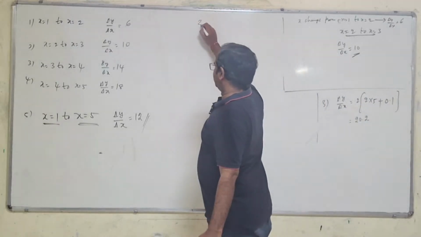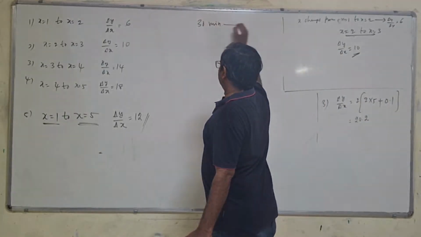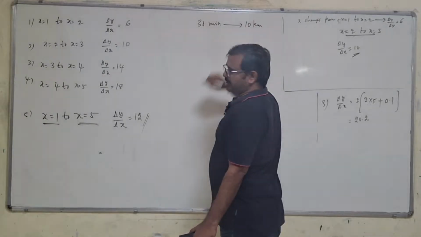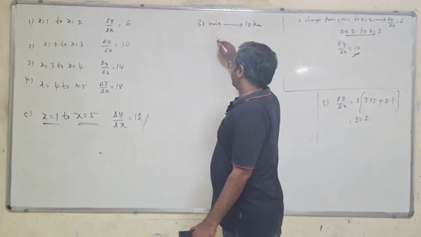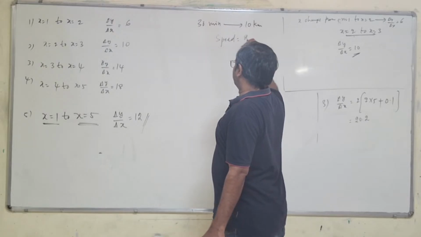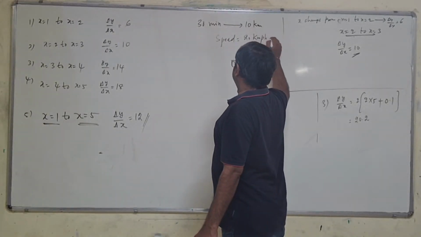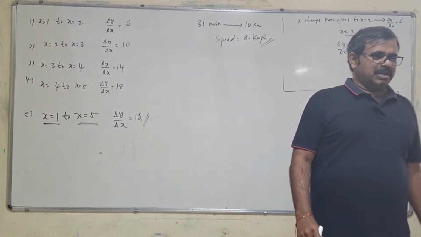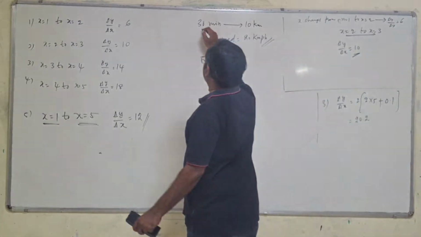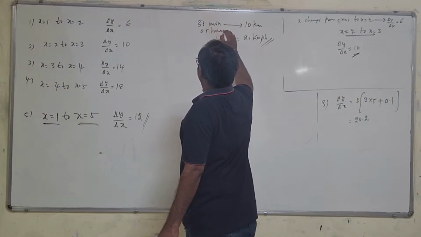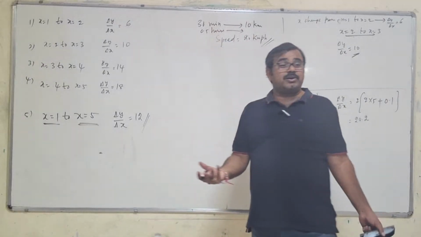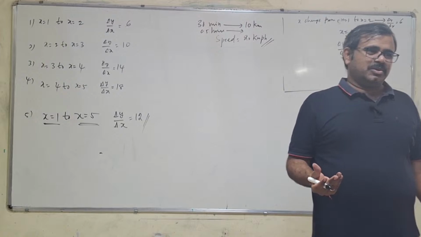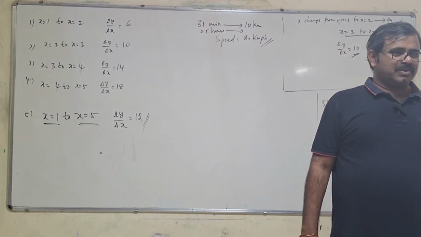So it takes 30 minutes to go 10 kilometers. What is the speed equal to? 20 kilometers per hour. Isn't it? In half an hour, you go 10 kilometers. In 0.5 hours, you go 10 kilometers. In 1 hour, how much distance will you go? 20 kilometers per hour.